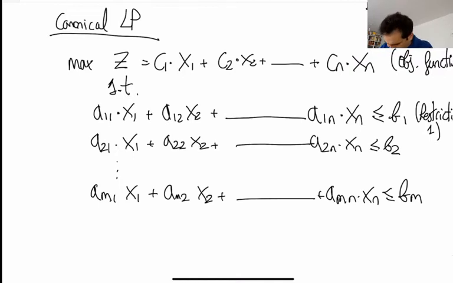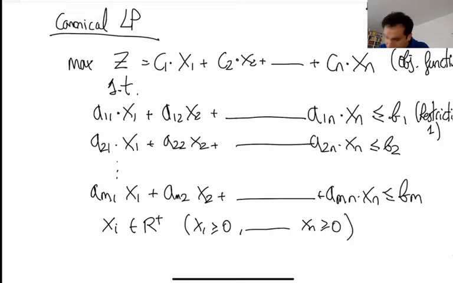In this model, x sub i belongs to the real positive, or in other words, x1 is greater or equal than 0, xn greater or equal than 0. And these are the decision variables, right? I need to find the best combination, or the combination that meets the constraints and at the same time maximizes the objective function.